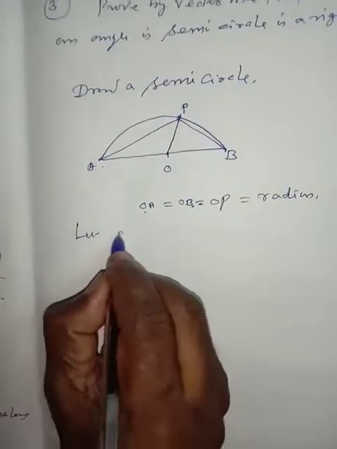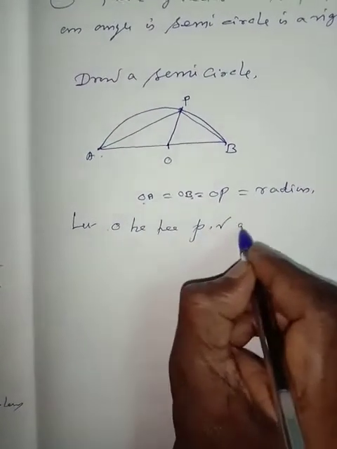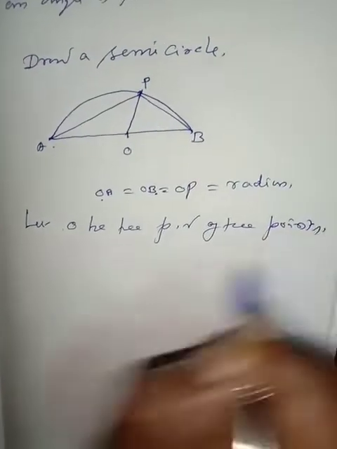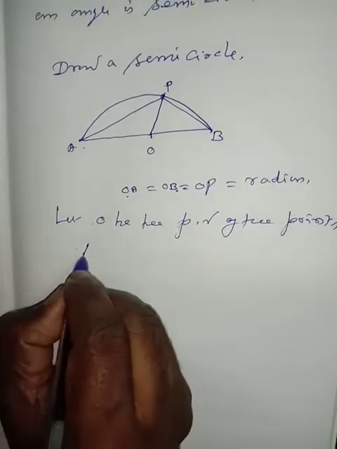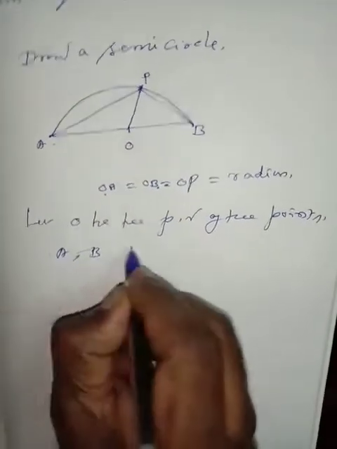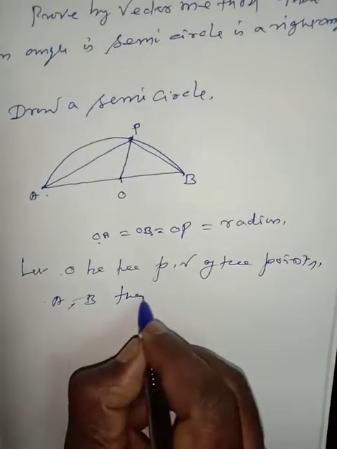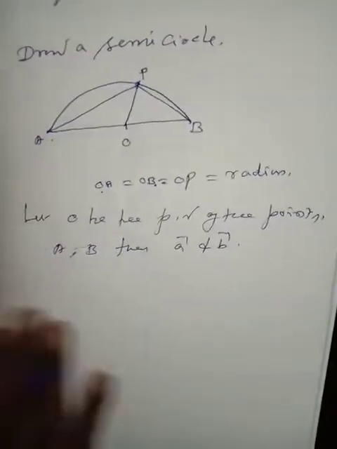Let O be the position vector of the points A, B, then A vector and P vector are the position vectors.